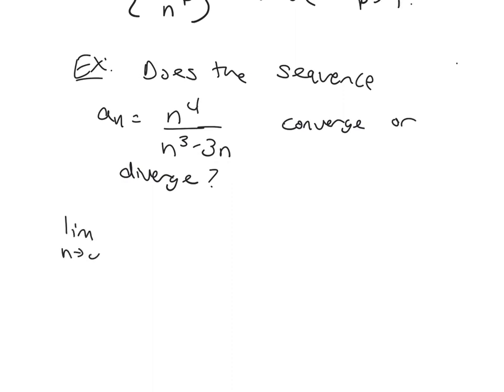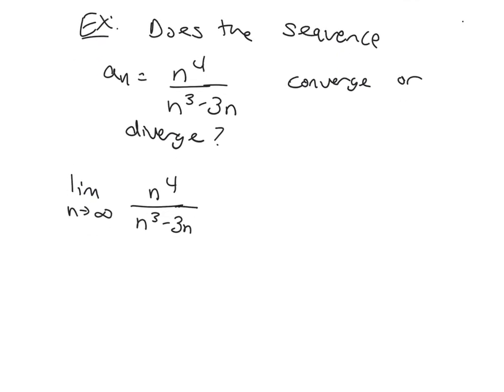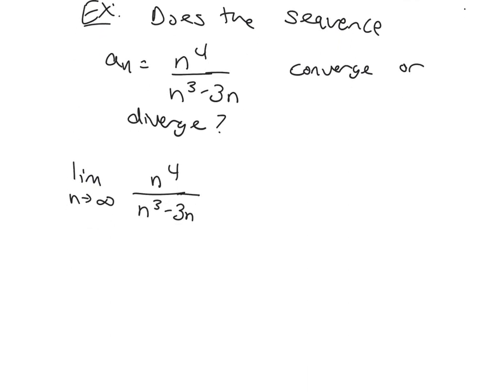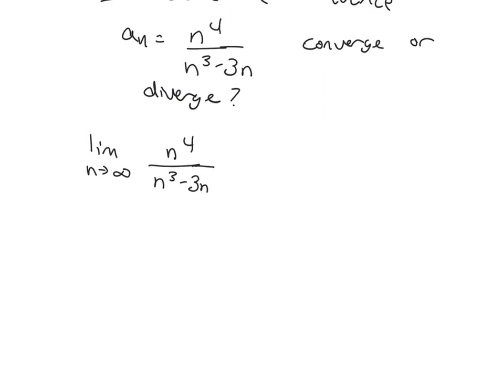So what you're trying to do is calculate this limit. Does someone want to tell me one way that they could calculate this limit? Yeah, you're telling me to use L'Hopital's rule, right? Change it to a function.